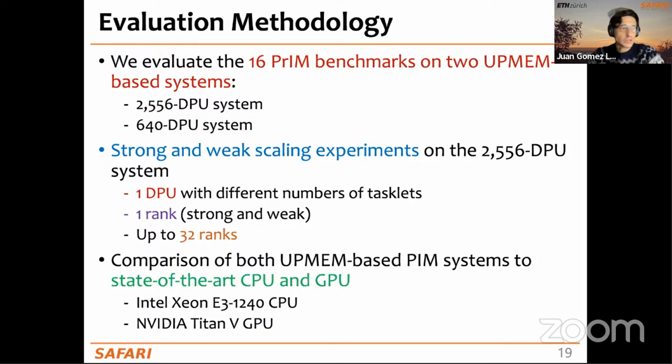Also, as a part of this evaluation of the benchmarks and this discussion about workload suitability, we compared the execution of the benchmarks on the UPMEM-based PIM systems to the execution of their CPU and GPU counterpart implementations on real state-of-the-art CPUs and GPUs.